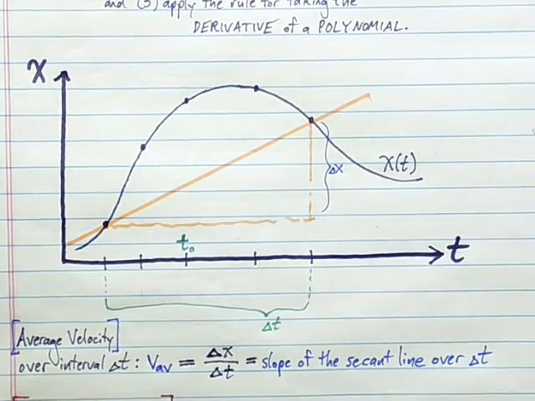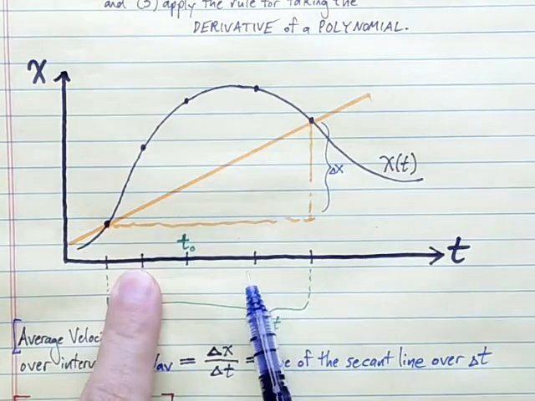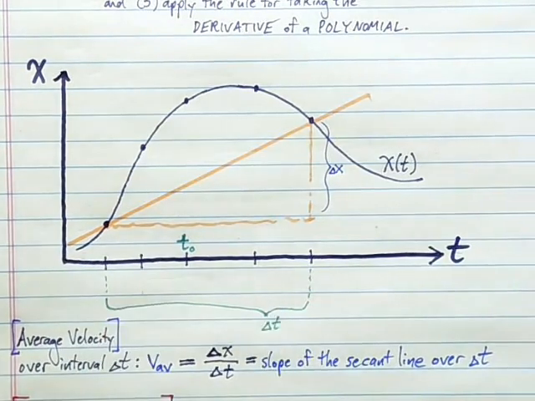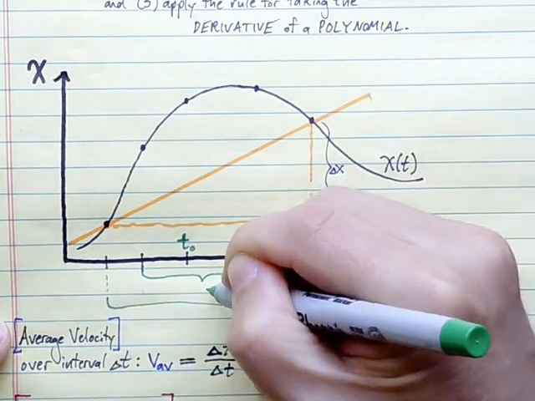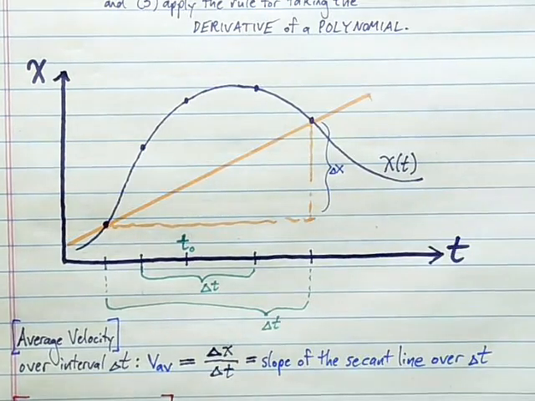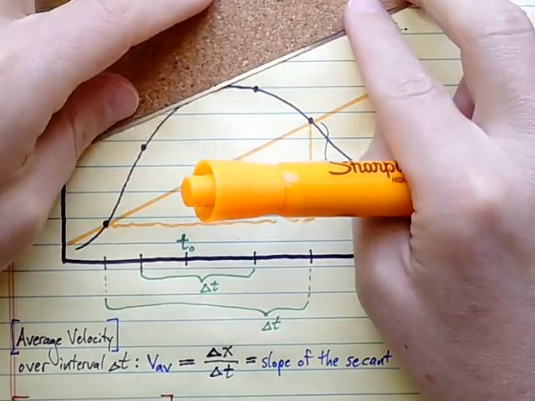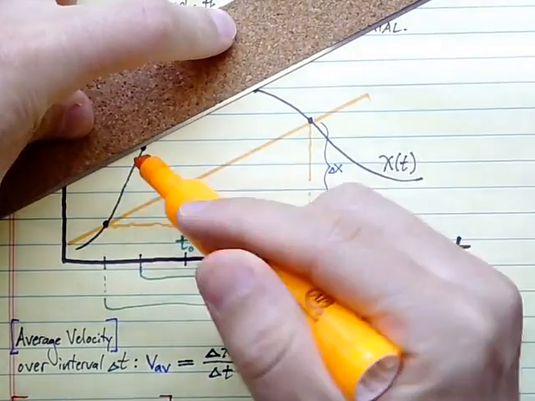Okay, now consider what happens if we look at a shorter time interval, say from this time to this time. So we'll shrink our time interval, and look at the secant line between those 2 points on the graph.